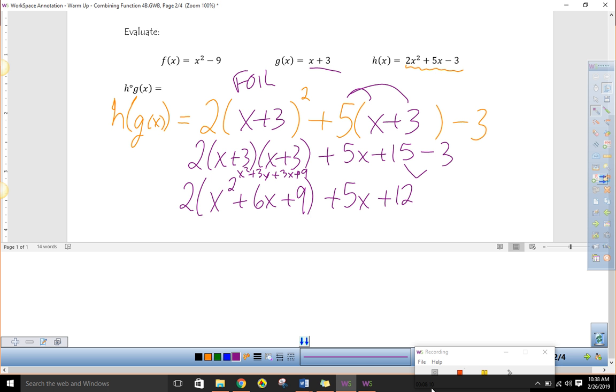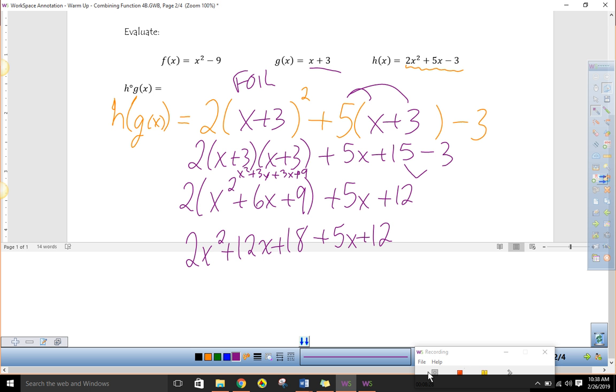And then what do I have to do now? Distribute the 2. No big deal. A little more labor intensive, but the arithmetic here isn't anything particularly challenging.